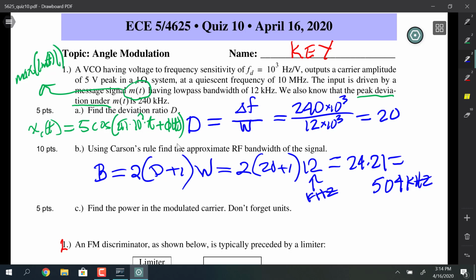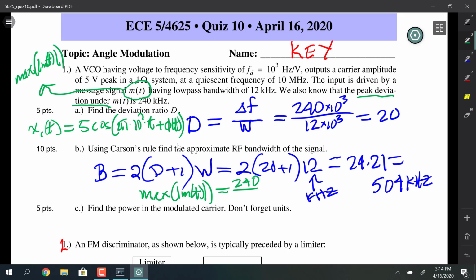So getting back to Colton's question about getting peak deviation from FD and the maximum of M of T, we could actually work that out. I could actually have made a side question and say, what is the maximum value of M of T? That must be 240 divided by what?